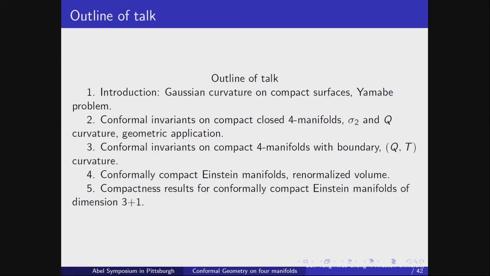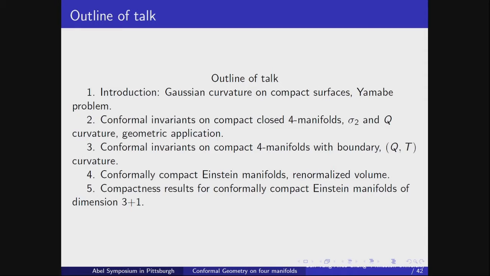And then I quickly move to conformal invariants on 4 manifolds. In that case, it turns out instead of relating the curvature to a second-order PDE, we will relate them to a 4th-order PDE. 4th is because it's on 4 manifolds.